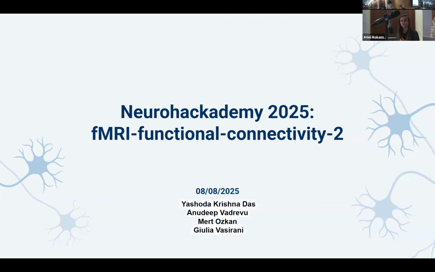Okay, cool. Hey everyone, I'll try to keep it short and sweet. So the project is fMRI functional connectivity, the same repo as the funky connectivity group. So, foreshadowing, I suppose.